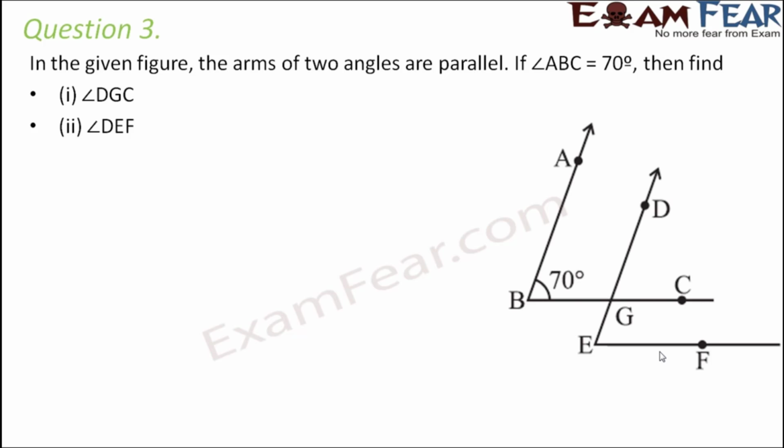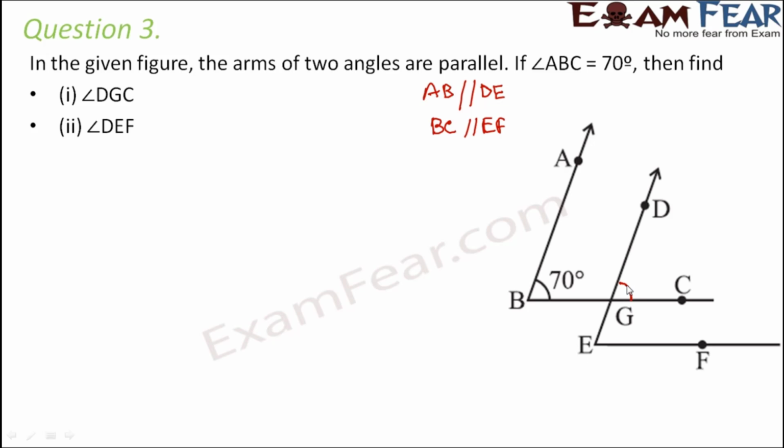Question number 3. In the given figure, the arms of two angles are parallel. So which are the arms of the two angles? That means AB is parallel to DE and BC is parallel to EF. If angle ABC is equal to 70 degrees, then find angle DGC.